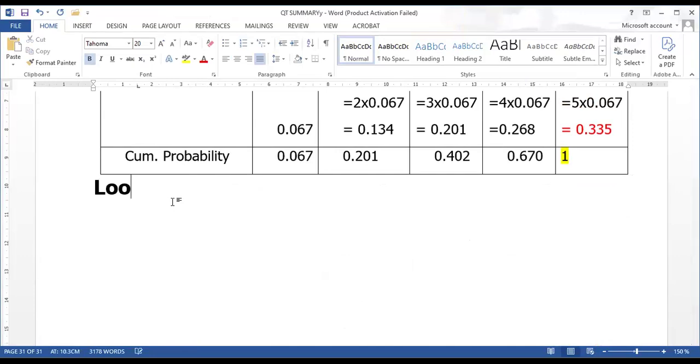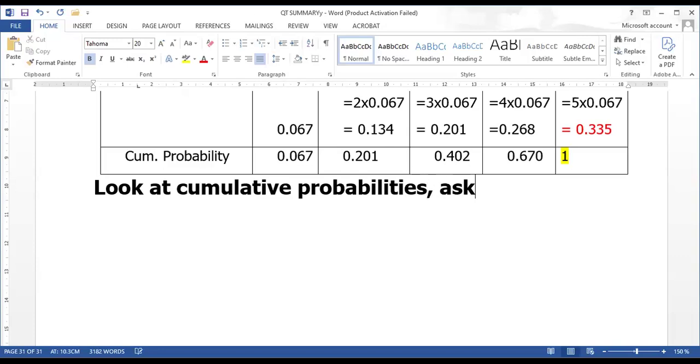So look at your cumulative probabilities. As you determine the median, look at your cumulative probabilities.